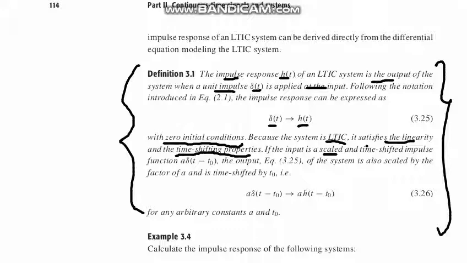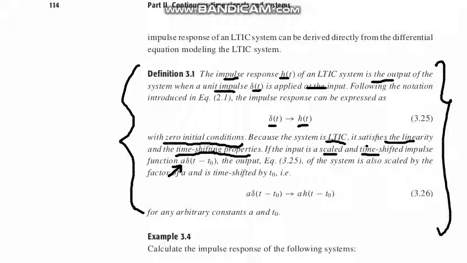If the input is a scaled or time shifted impulse function, scaled means multiplied by a. I have told you about the signal properties in previous slides, basics on signals. Just go to the lecture that I have given before and you can see it. Scaled means amplitude scaled, just a coefficient multiplying the total function.